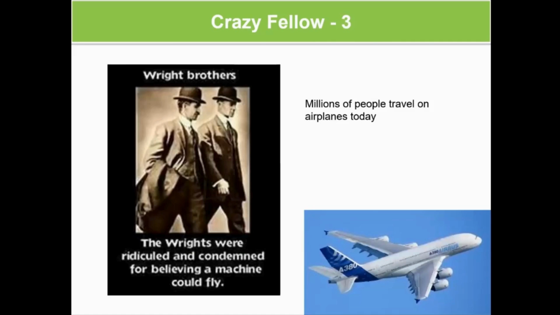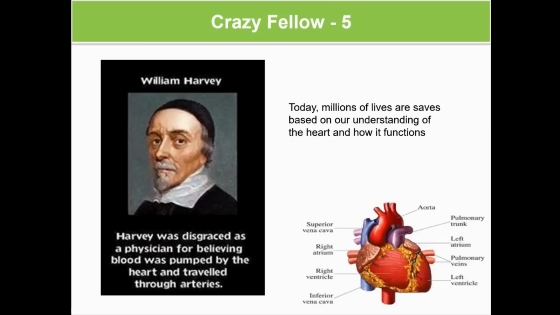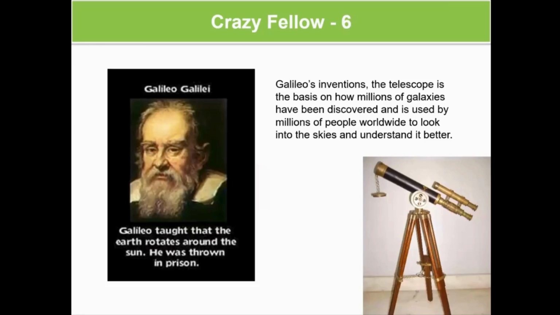And then the Wright brothers were also called crazy because they believed that people can fly. If they had given up after a lot of people made fun of them, we may not have airplanes today. Vesalius too. I'll let you go through all of this on your own.